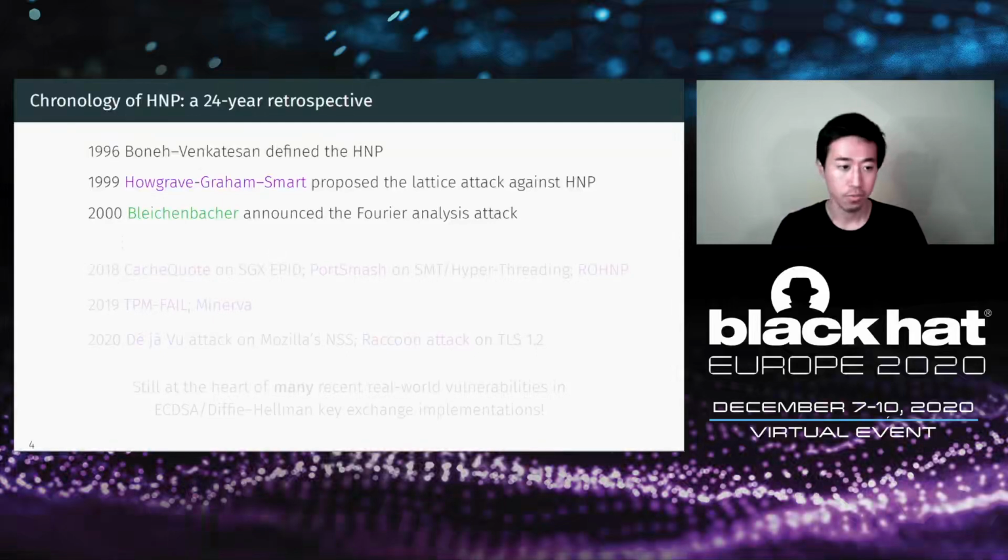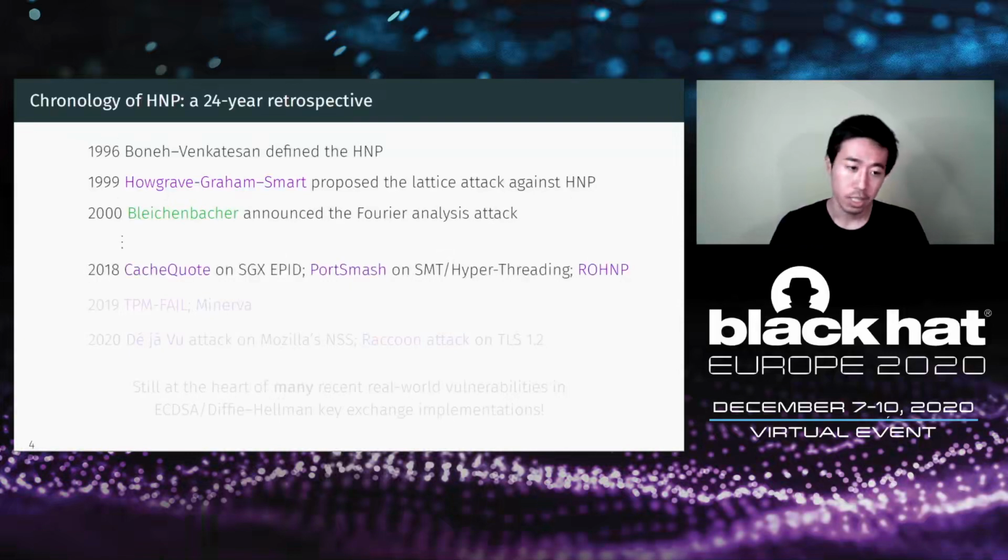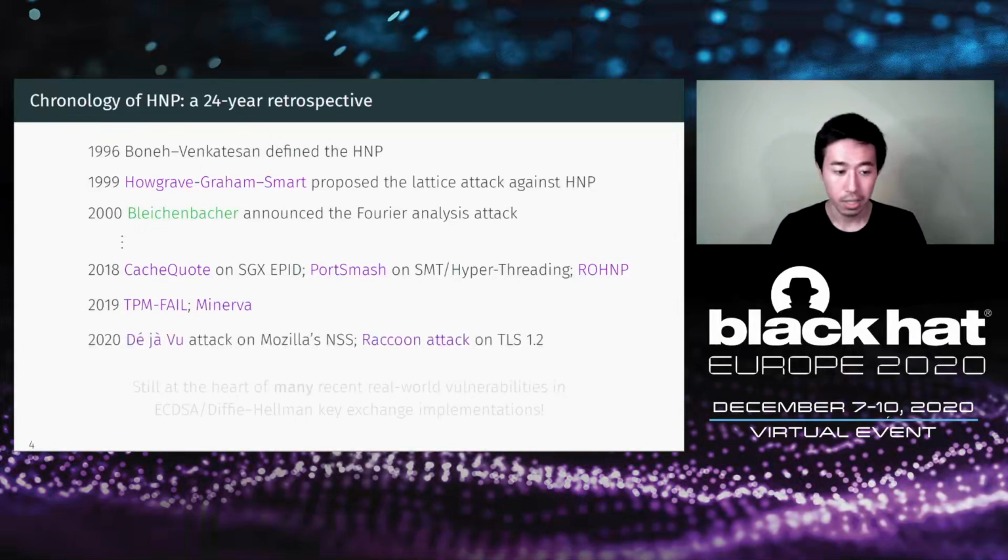detail in this work. Since the proposal of this attack method, there have been a bunch of real-world vulnerabilities that rely on the hidden number problem. For example, even looking at the last few years, we have seen many vulnerabilities, including Cache Quote, PortSmash, Return of the Hidden Number Problem, TPM-Fail, Minerva, the Java attack, and the Raccoon attack.